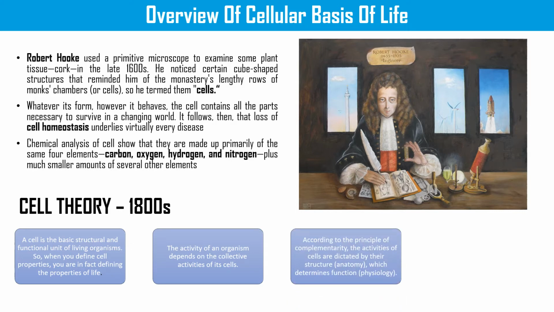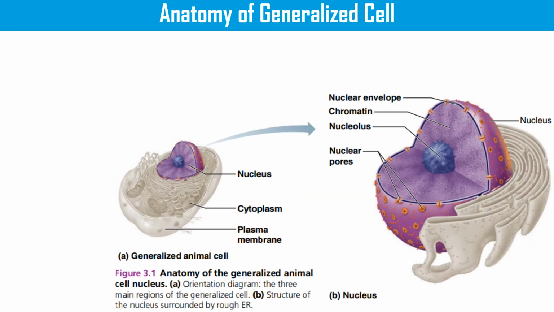Number three, according to the principle of complementarity, the activities of cells are dictated by their structure, anatomy, which determines the function, physiology, of the cell. Number four, continuity of life has a cellular basis. So these were the four concepts on which the cell theory in the 1800s was based.